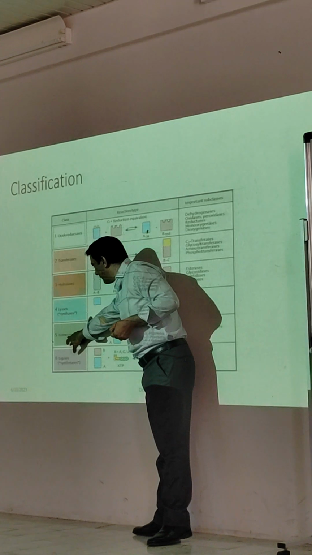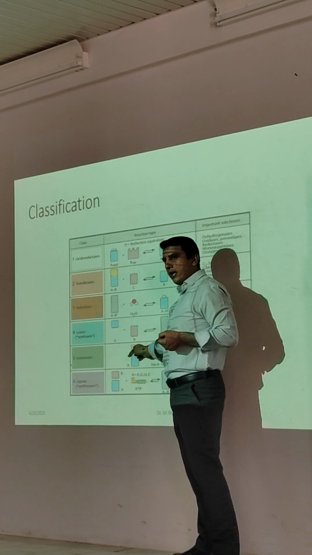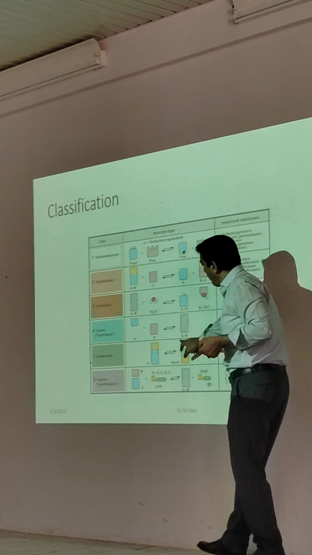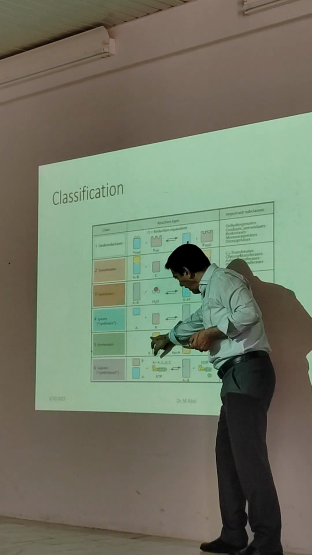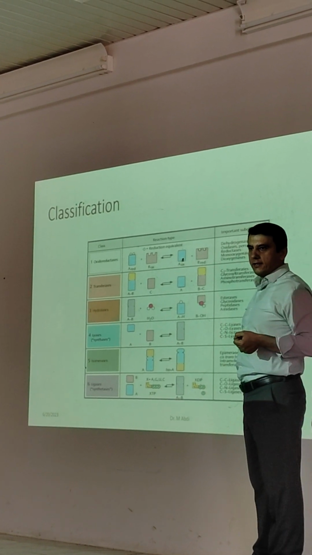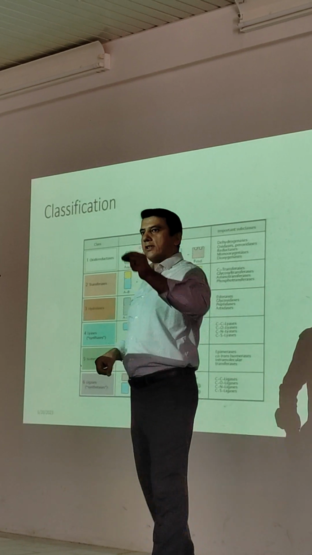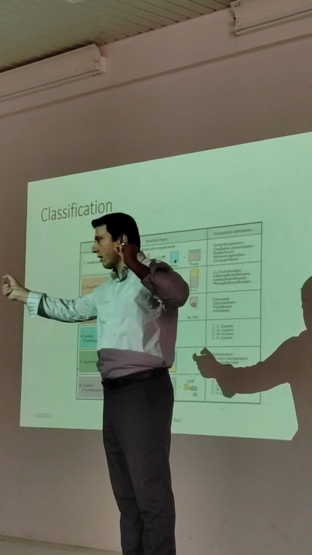Fifth class, isomerases, which change an isomer to another one. For example, epimerases. Do you remember epimers? Yes. For example, glucose and galactose.